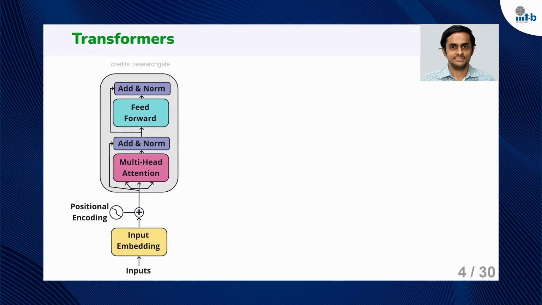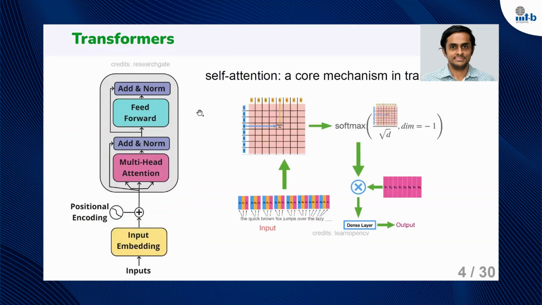If we look at a traditional transformer, it has multiple components. Professor Raghuram summarized all the components of a transformer in the previous Samvaad talk. The one that we're interested in is the self-attention mechanism, which is a core component of a transformer model.